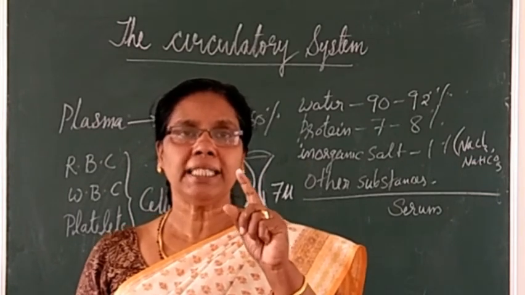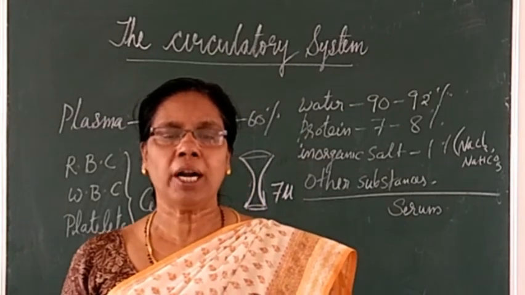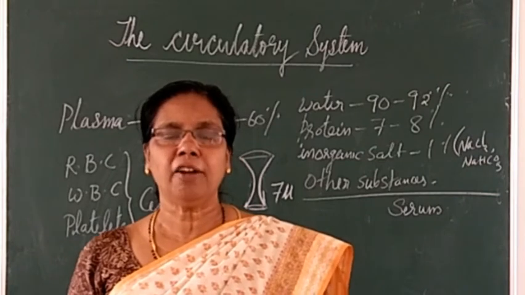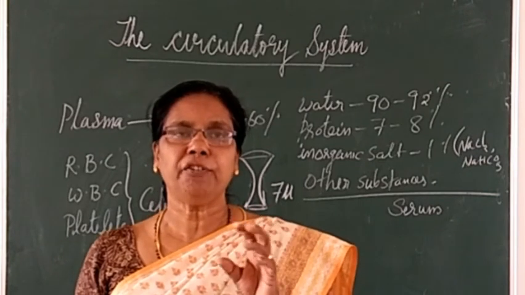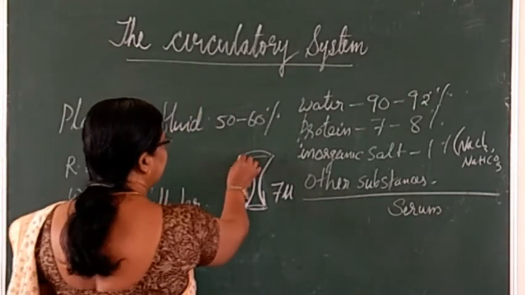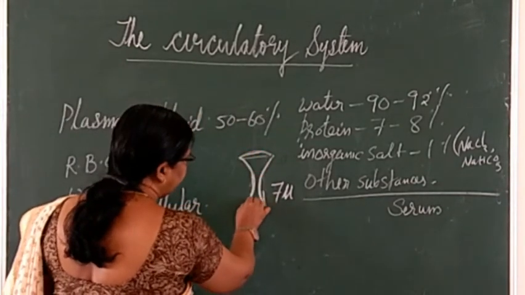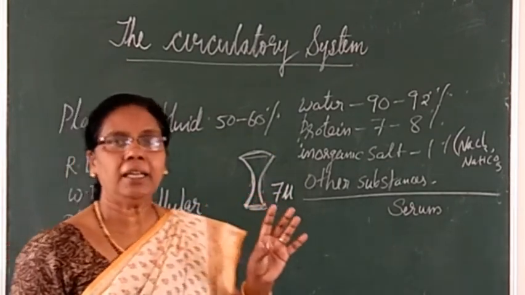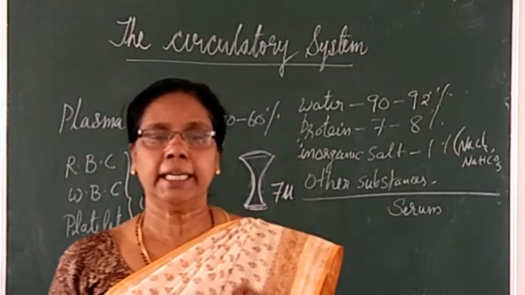And the small size and the concavities on either side provide a large surface area, which makes them very efficient in absorbing oxygen. So here you can see this makes a large surface area so that it will be very efficient in absorbing oxygen.